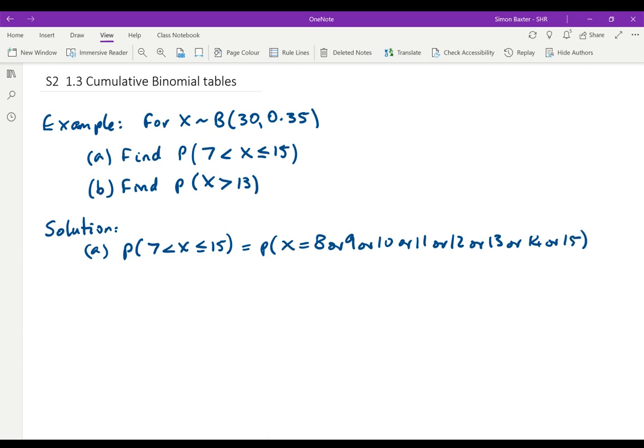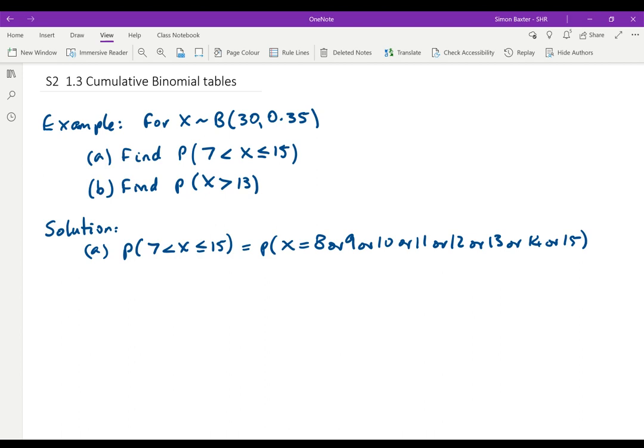And I really don't want to work all that out. Fortunately, our formula booklet has some probability tables for what we might call nice numbers. These tables are on pages 17 to 21 in your formula booklet.